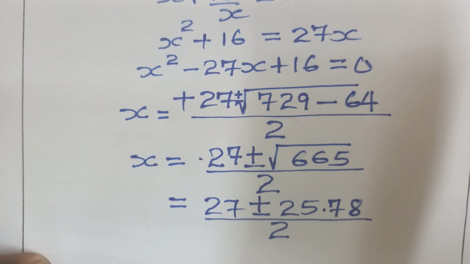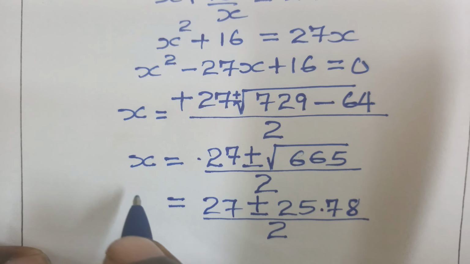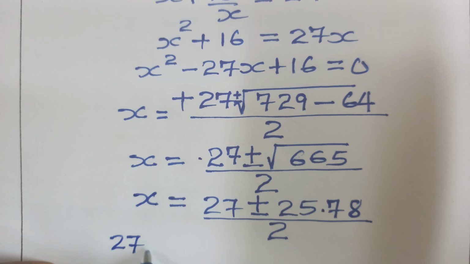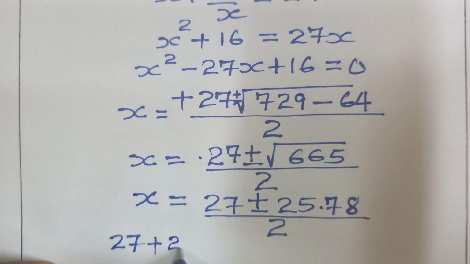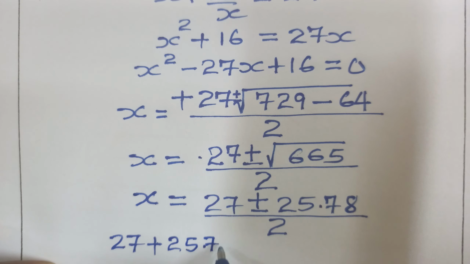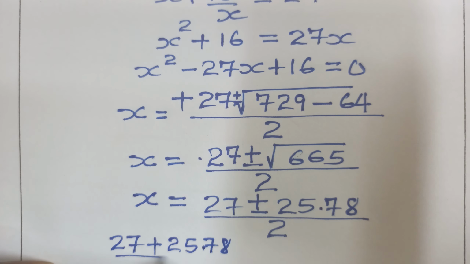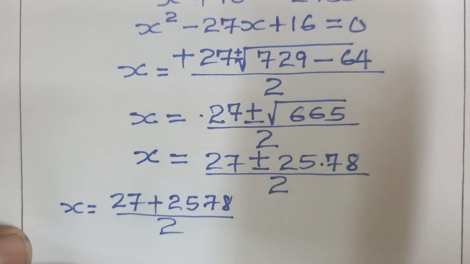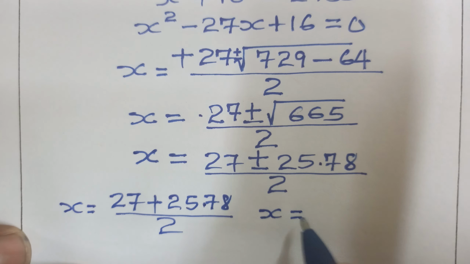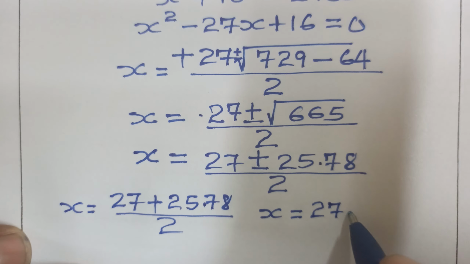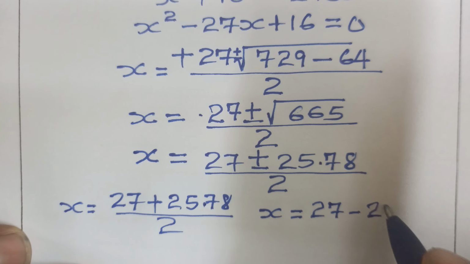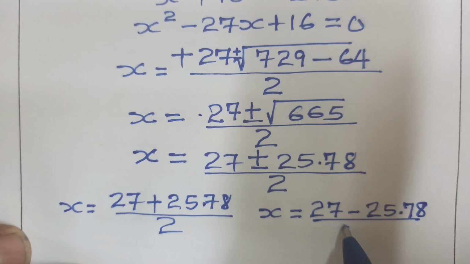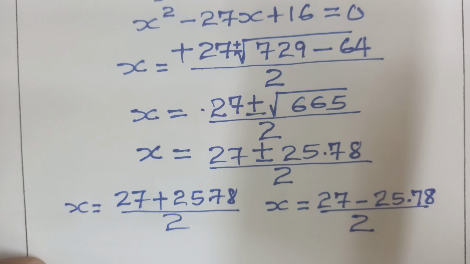So we say x is either 27 plus 25.78 divided by 2, or x is also equal to 27 minus 25.8, that is 0.78, all over 2. So we now look for those solutions.